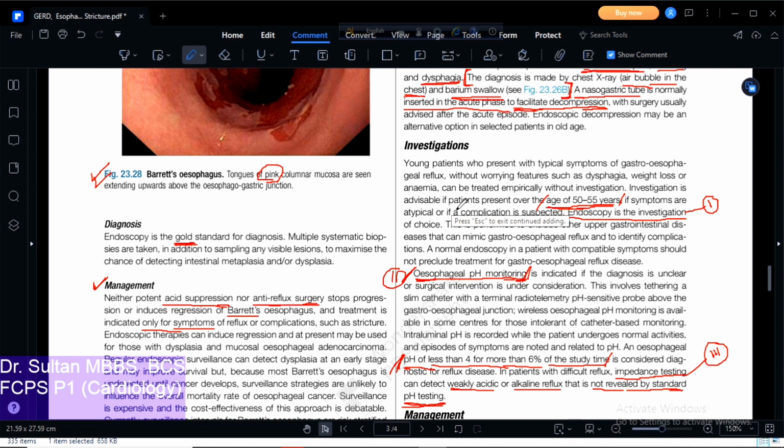The weakly acidic or weakly alkaline reflux cannot be diagnosed by esophageal pH monitoring. If there is a minimal reflux, the pH will not change. So if the esophageal pH monitoring is not giving you any conclusion, then you can move on to the impedance testing, okay.